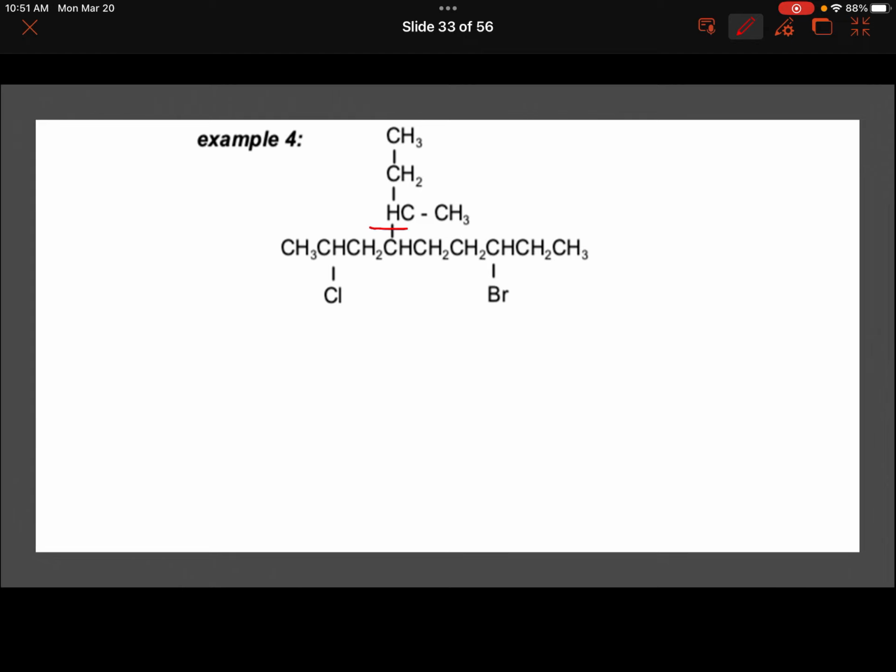Okay, check your work. This one is going to be really, really tricky. So this is our substituent. This is butane, 2,4,1. Okay. In this situation here, we have our chlorine, which is chloro. And then we have our bromo.